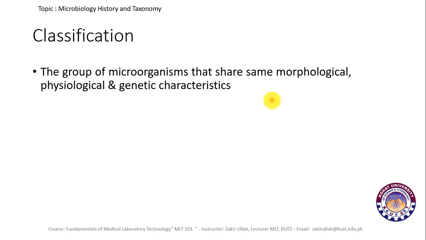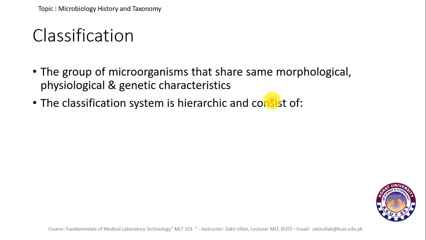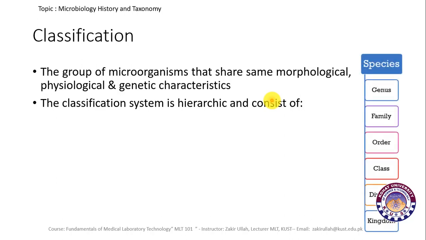Microorganisms are classified on the basis of these characteristics, and the classification system is usually hierarchical. It consists first of the kingdom, then divisions, then classes, then orders, then families, then genera, and finally different species.